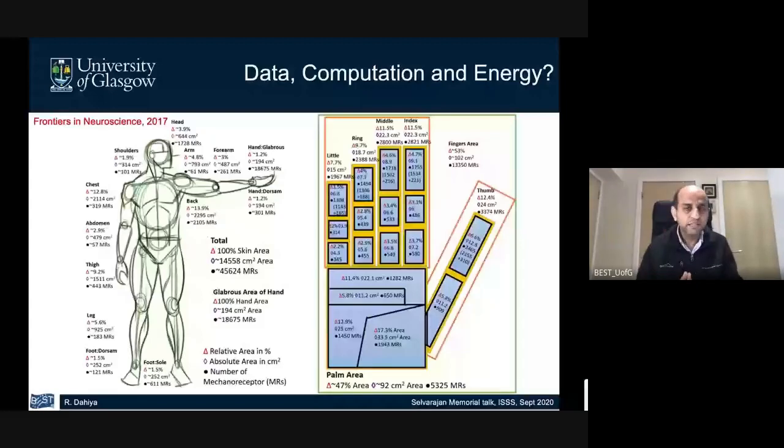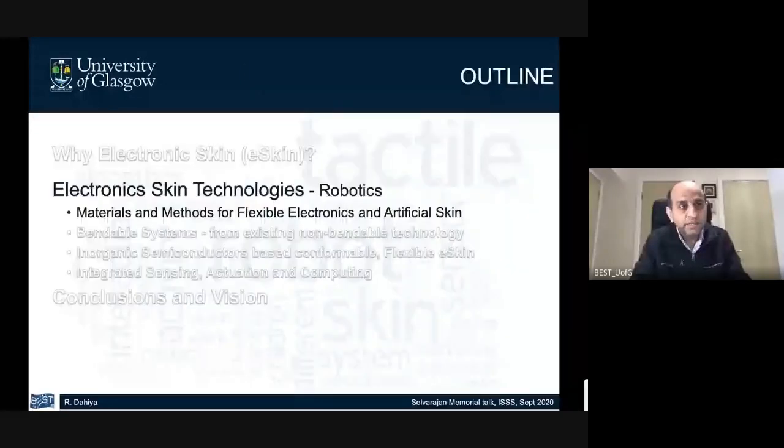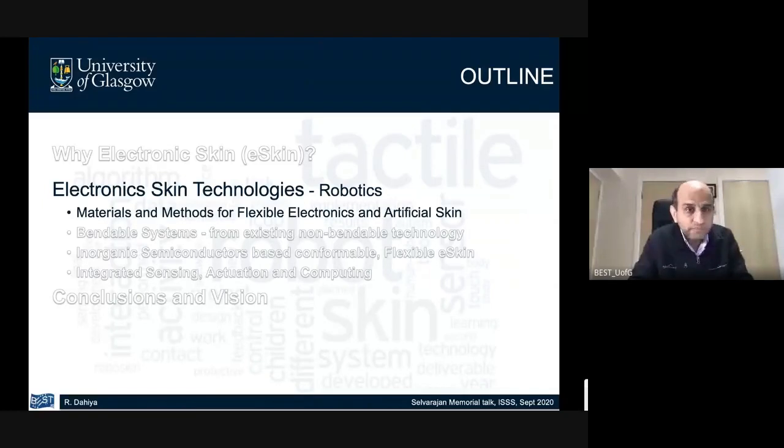This is based on various neuroscience studies which indicate this type of thing happening in the skin. Now the question is, it requires skin to have distributed electronics. As simple as that. So with this background, I will move to the next section, which is: considering all these challenges, what technological solutions are available, and what can we do in future to address some of the challenges.